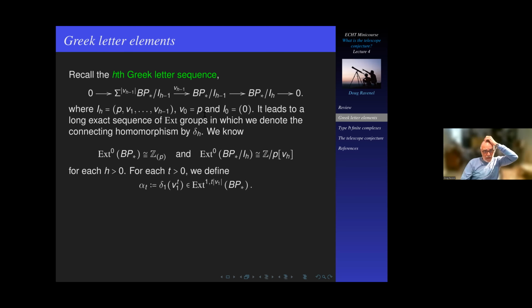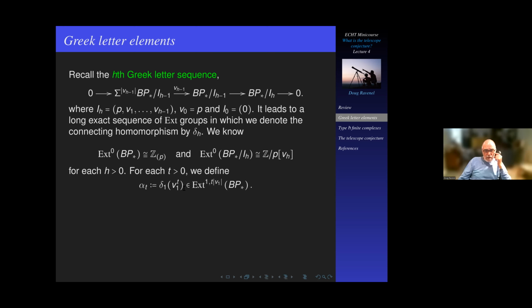Now, for each positive t, we can define an element alpha_t that lives in this Ext group. So it's obtained from this short exact sequence up here for h equals 1, which means that these two guys are each copies of BP_* itself, and this map here is multiplication by p, and we know that the Ext^0 group for BP_*/p is Z/p on v1.